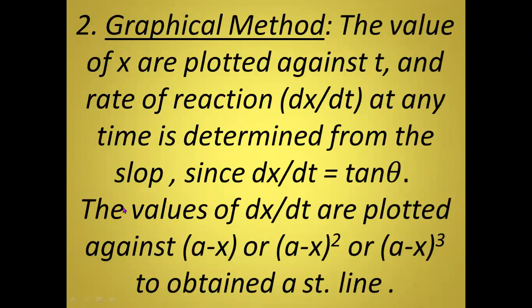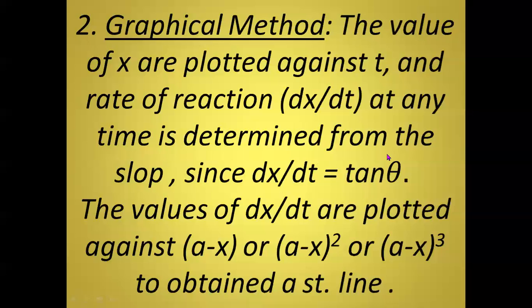And it is determined from the slope of the line. We get a straight line, or a graph in the form of a straight line. Its slope will give you the rate. dx by dt is equal to the slope, and slope is given by tan theta, or you can calculate it by taking the ratio of the difference in coordinates, like delta y by delta x.